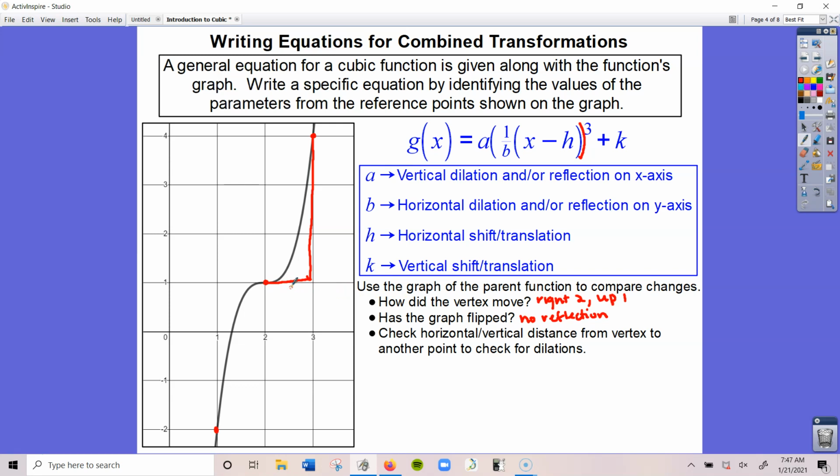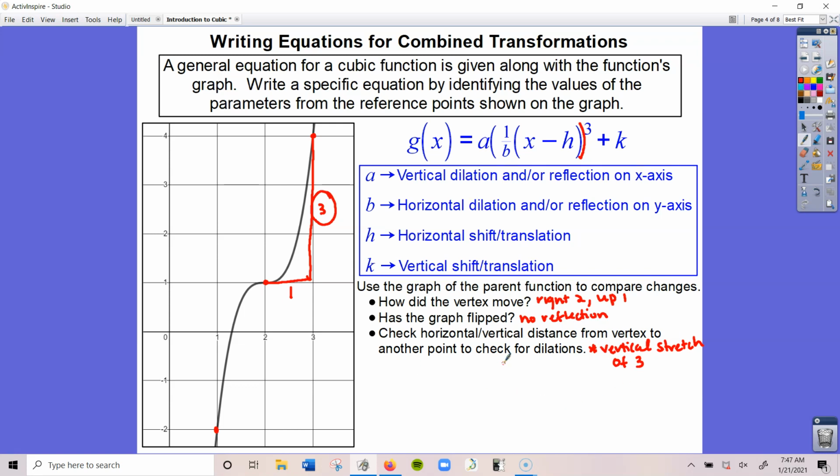This horizontal distance is 1 unit, and this vertical distance is 3 units. As you can see, this changed. It's no longer 1. It changed to 3, and that's the vertical distance. So this indicates that there is a vertical stretch, since now that distance is 3. So it increased. If the distance was less than 1, then it would be a vertical shrink. But this is a vertical stretch, and it's a vertical stretch of 3.